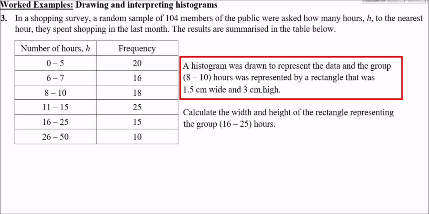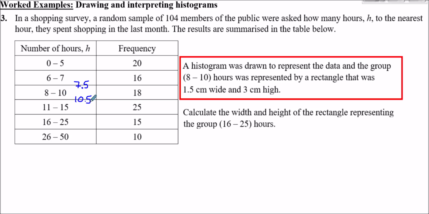So what I'd suggest we do is just do a sketch of this bar. So from 8 to 10 hours, let's think about what the boundaries of this class would be. From 8 to 10, if it's been rounded to the nearest hour, the lower end would have started at 7.5. 7.5 or greater would have rounded up to 8, and halfway between 10 and 11, the absolute upper limit of this class interval would have been 10.5.